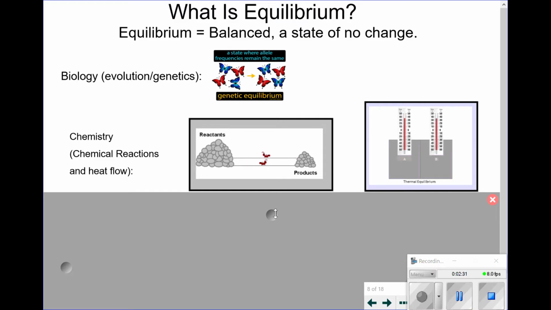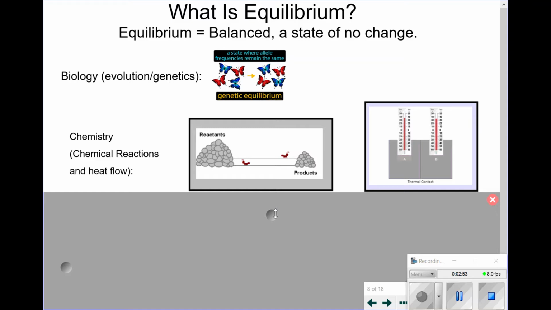If we reach an equilibrium with this reaction going to the product and vice versa, then the quantity of reactants remains the same, just like the quantity of products remains the same. The proportions do not change. But that doesn't mean the process stops.